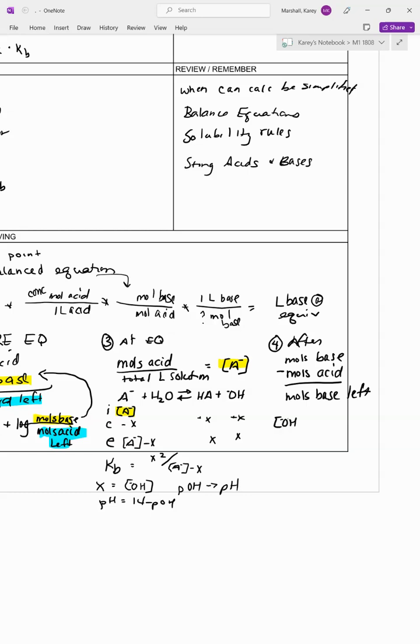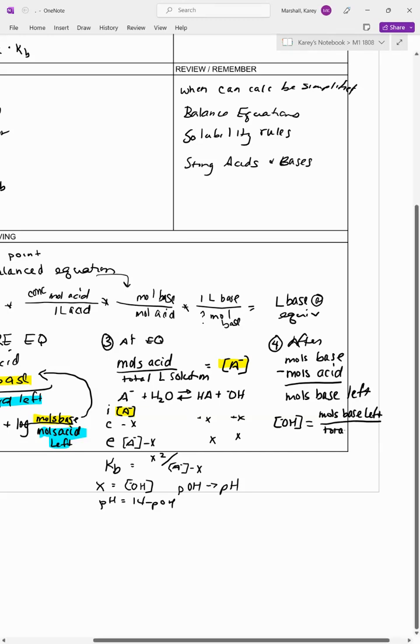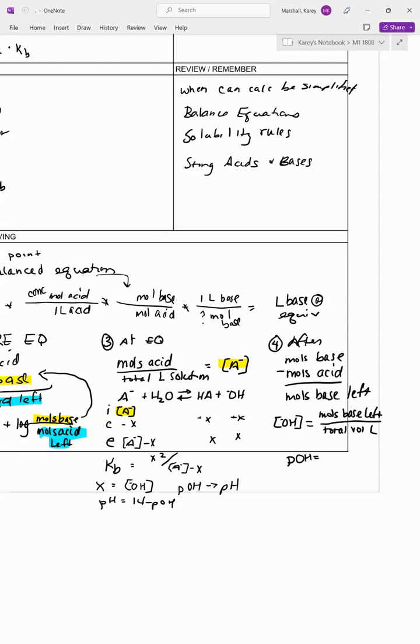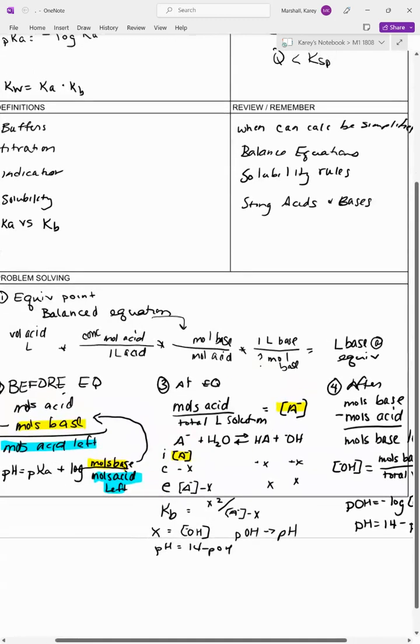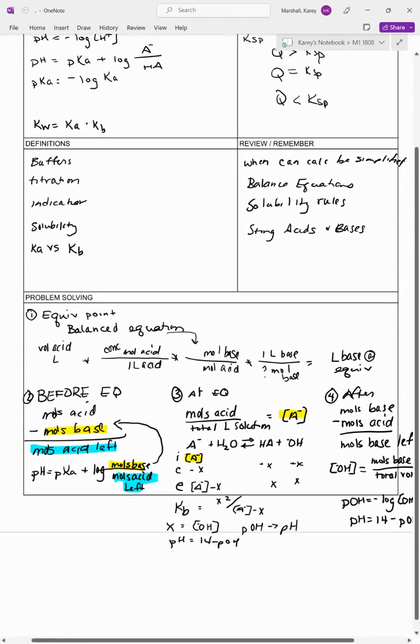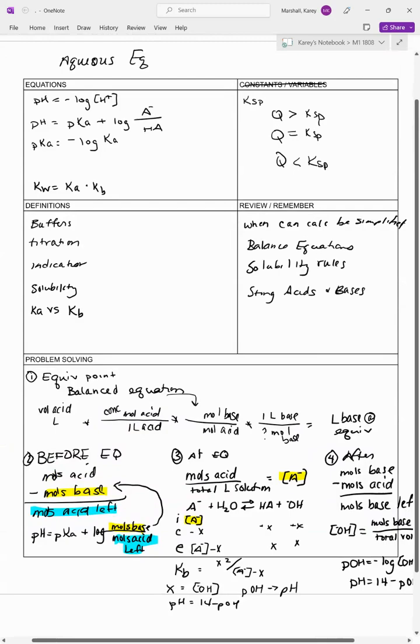So the concentration of the hydroxide ion in this case is going to be moles of base left divided by total volume in liters. Then you can find the pOH, which is the negative log of the hydroxide ion, and the pH is then 14 minus pOH. Okay, so that is how you can find the pH at various points in a titration of a weak acid and a strong base.